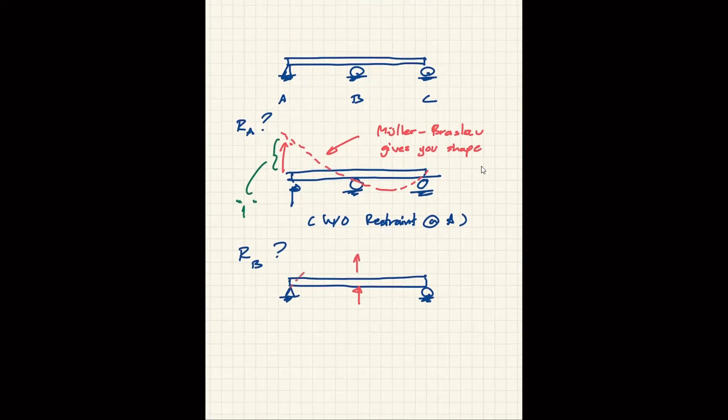And the deflected shape is now going to be like this. Okay? So again, Muller-Breslau gives you the shape, and your structural analysis knowledge will tell you that this is going to be 1.